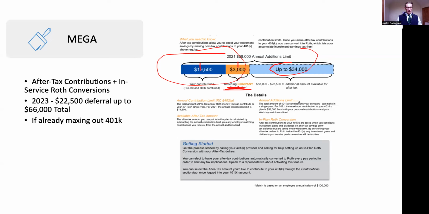So who's this good for? Well, this is a nice provision for those who are already maxing out their 401k. If the plan allows, we can avoid the backdoor strategy from the last slide and employ this instead. So if you're an employee of a company maxing out your 401k, this might be a good approach. If you're a business owner, this is also a nice provision, because you'll have control over those two qualifications, the after-tax and the in-service conversion.